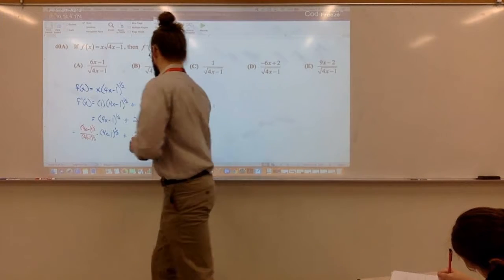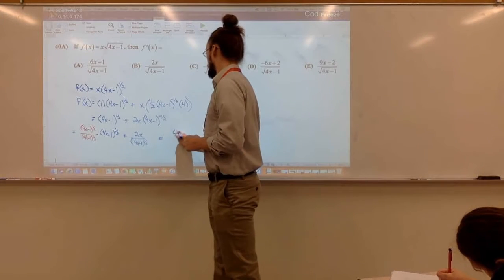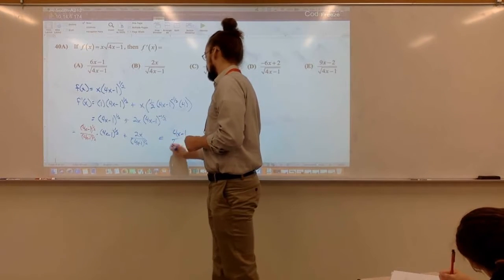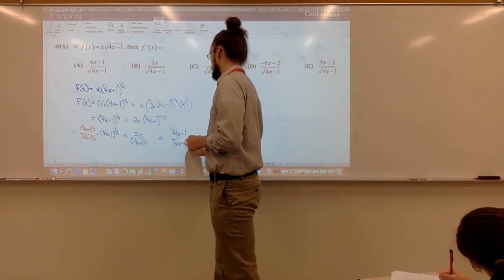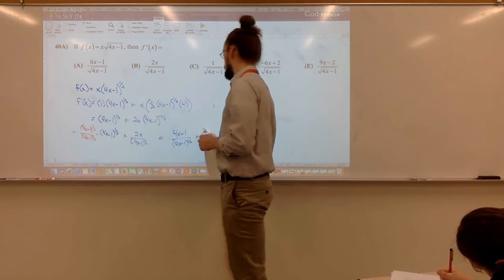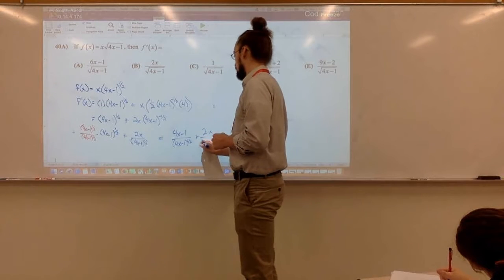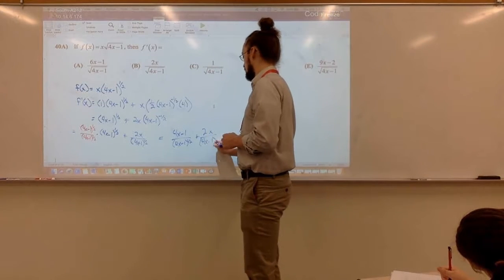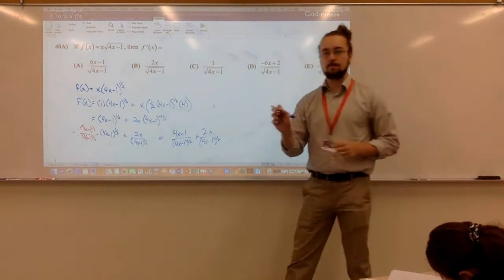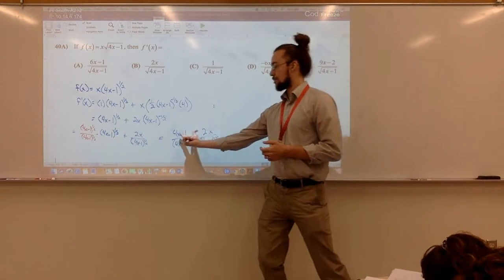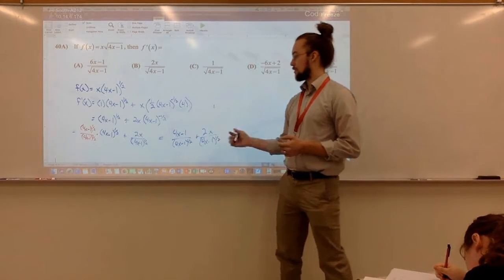So this then becomes (4x minus 1) over (4x minus 1) to the 1/2 plus 2x over (4x minus 1) to the 1/2. And now I can just combine like terms in my numerator.